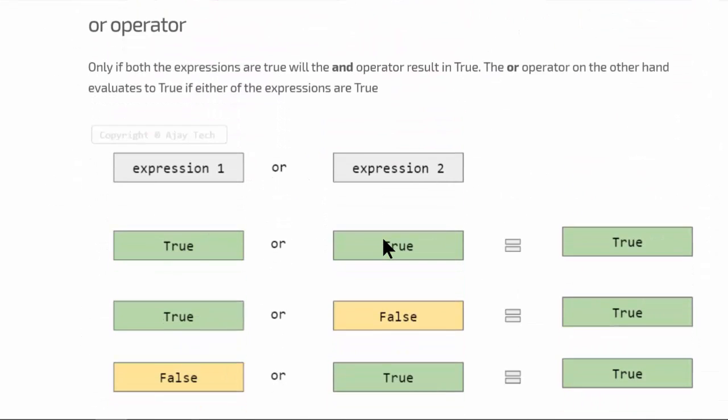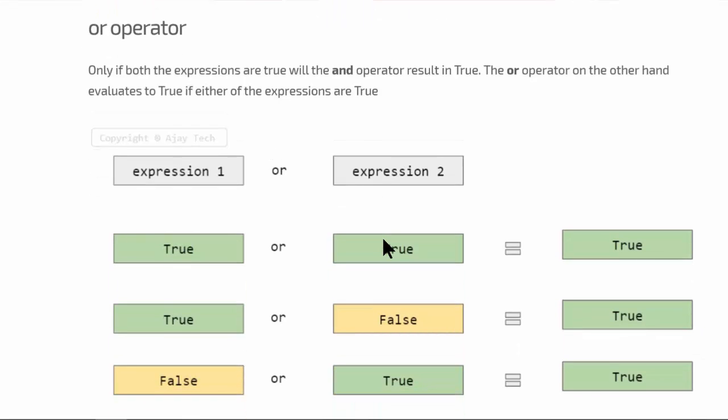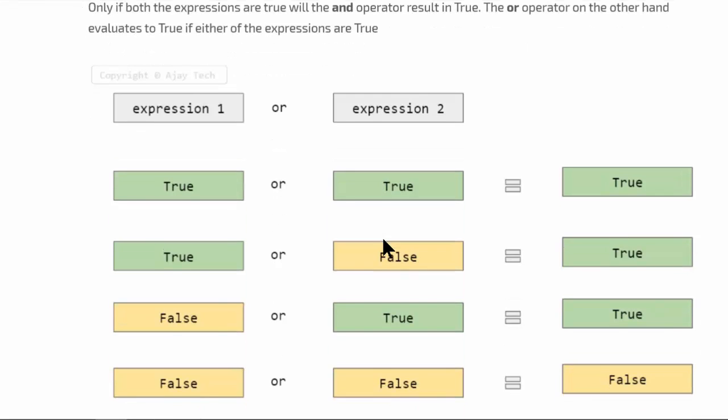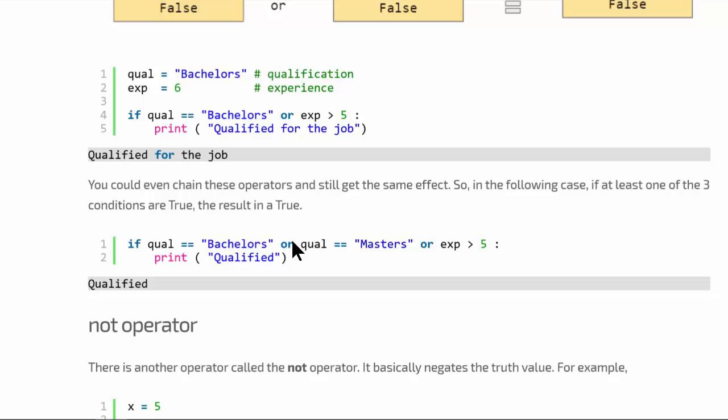How about a logical OR? Now, sometimes you don't need both these expressions to be true. Either one is okay. To understand this, let's take an example. Say you're advertising a job and you say you should have a bachelor's degree or an experience of 6 years.